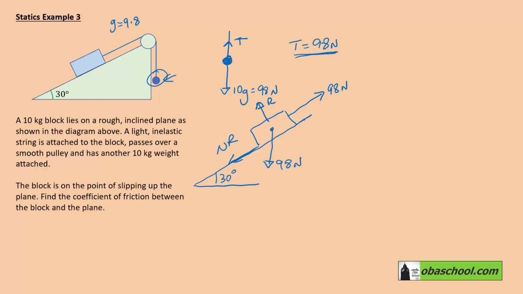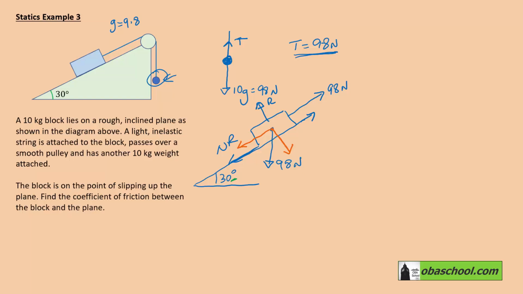Any movement is going to be along the slope, and so all the forces ought to be either parallel to or perpendicular to the slope. So let's resolve this 98 newtons, which will go partly that way and partly that way.